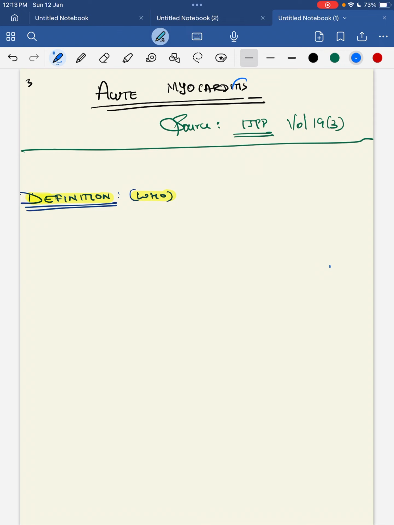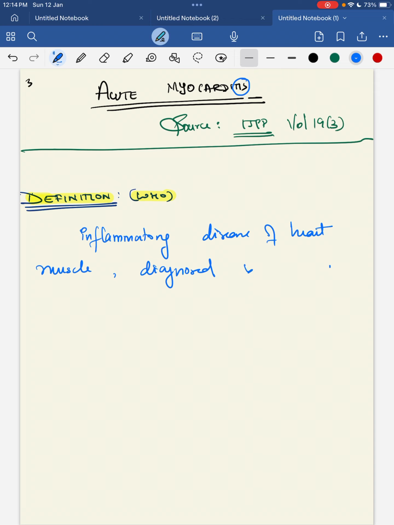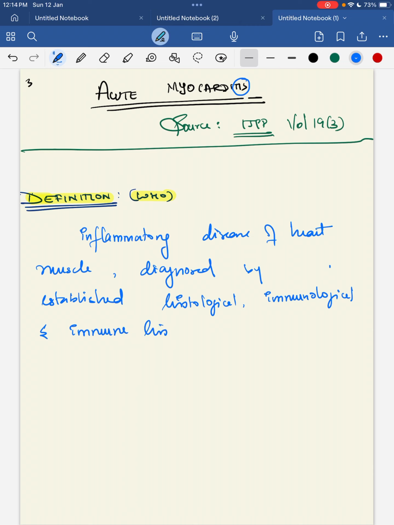As the name suggests, it is myocarditis. So what does itis mean? It is an inflammatory condition. So the definition according to WHO is an inflammatory disease of heart muscle which is diagnosed by established histological, immunological, and immunohistological evidence.